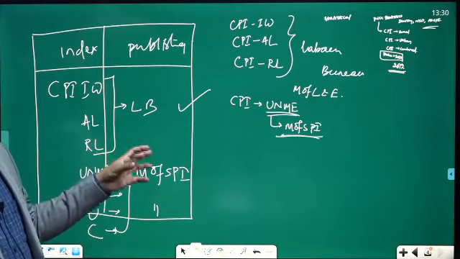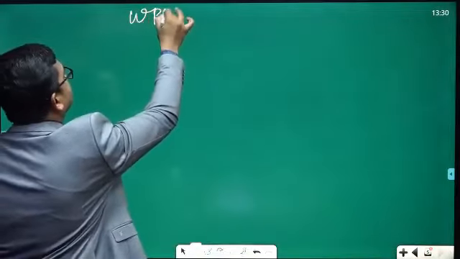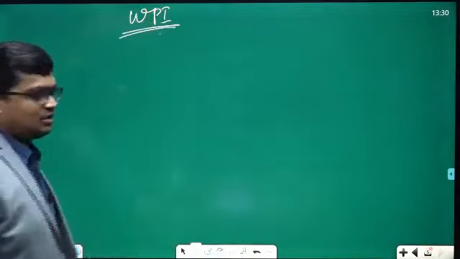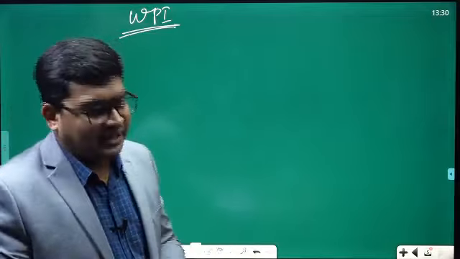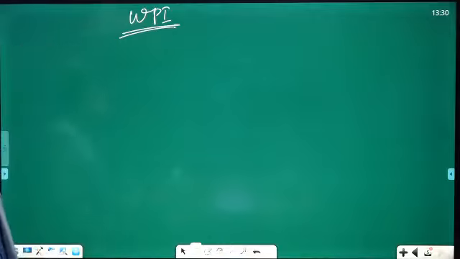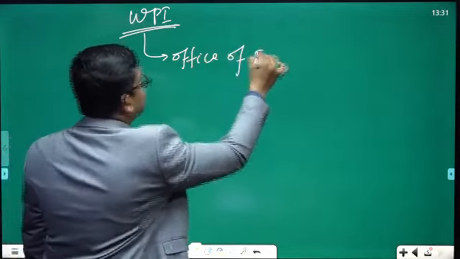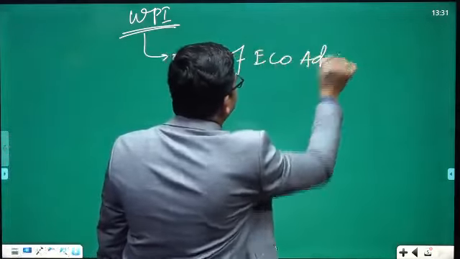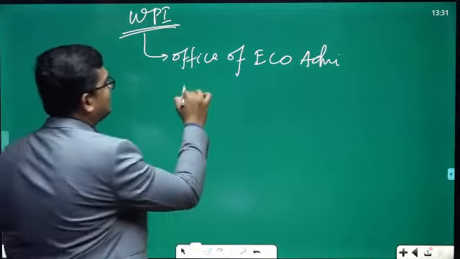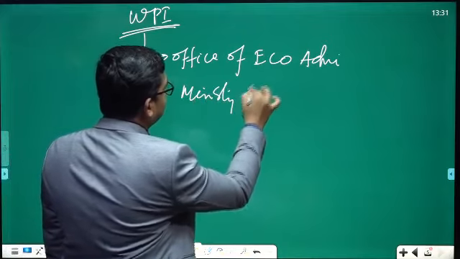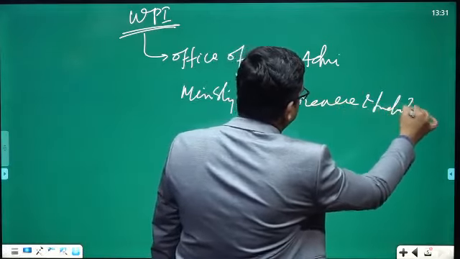If CPI is clear, then we are moving to the WPI, the wholesale price index. Consumer price index we discussed, now the wholesale price index. It is published by the Office of Economic Advisor, which comes under the Ministry of Commerce and Industry.